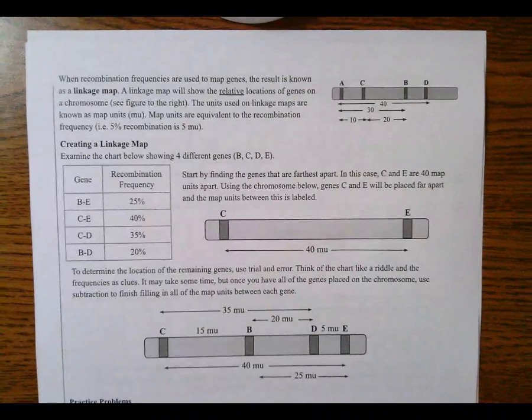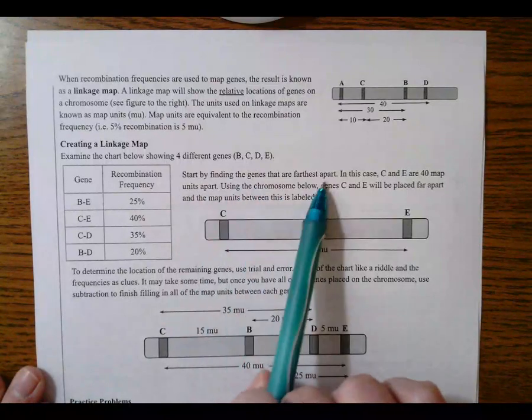So now we'll come to the fun part, which is where we're going to make a linkage map. So based on data, let me see if I can get this to focus. There we go. So based on the data, we're going to create a linkage map. This first one is really helpful. So essentially what you're going to do here, it says start by finding the genes that are furthest apart.